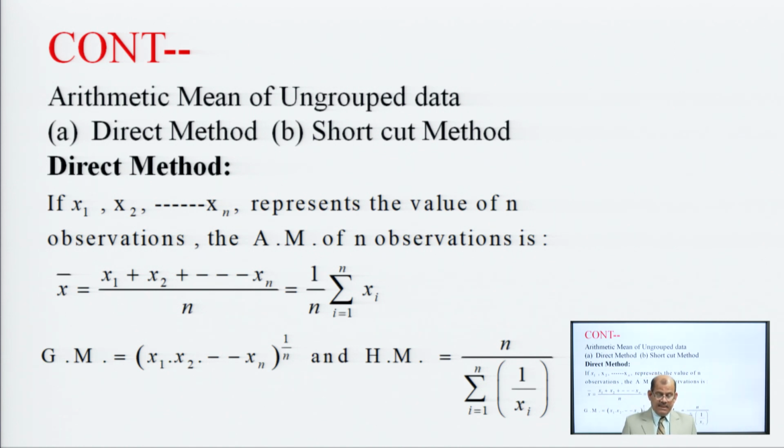Geometrical mean is equal to x1 into x2 and so on into xn raised to the power 1 by n, and harmonic mean is equal to n by summation i varying from 1 to n 1 by xi.